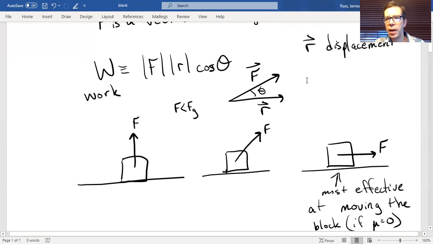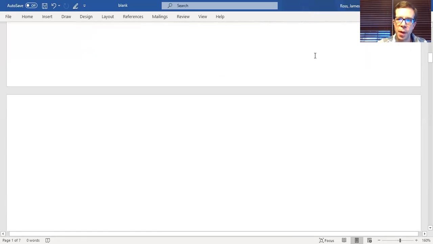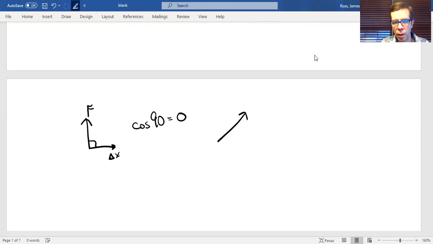All right, and we've already had that revealed from the equation of work, right? If we look at the equation of work, let's plug in some values there. If I look at the first scenario I had, well, we're trying to move it along the ground, right? So if I look at cosine 90, that's 0. We can just call this 45 for the second scenario.